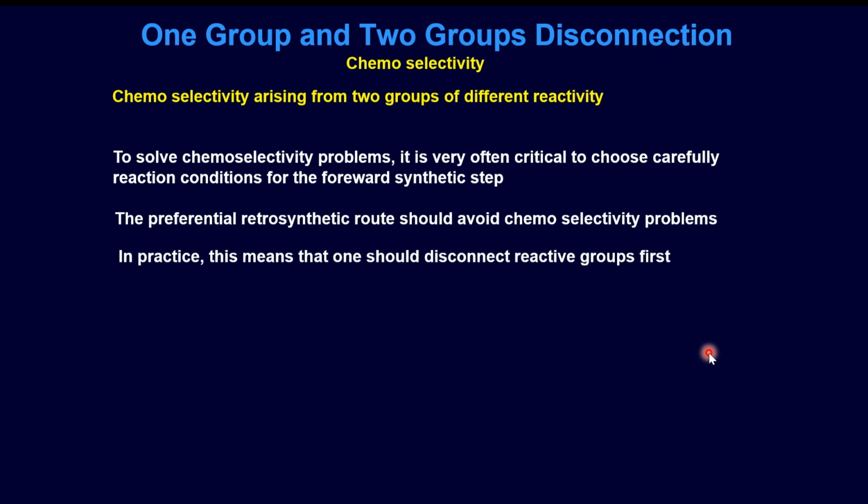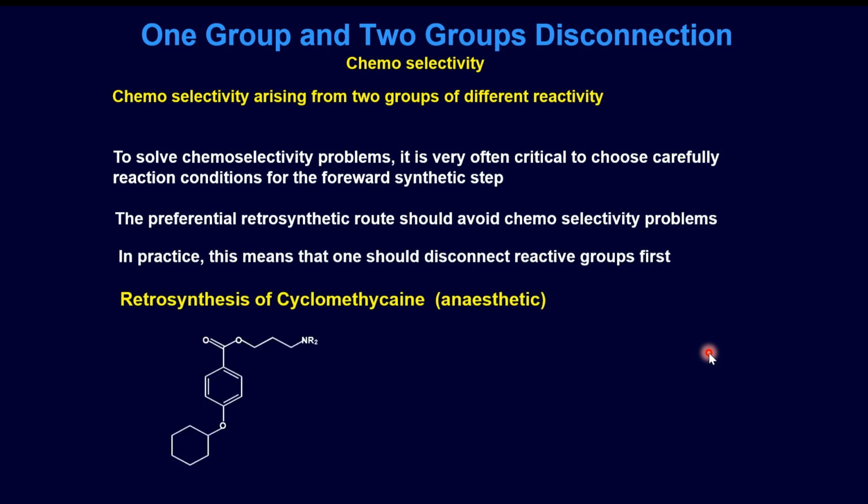In practice, when this arises, we will disconnect one of the reactive groups and make the other group react, and then add the other reactive group. I can explain this by using the retrosynthesis of cyclomethycaine, an anesthetic agent. This is cyclomethycaine.